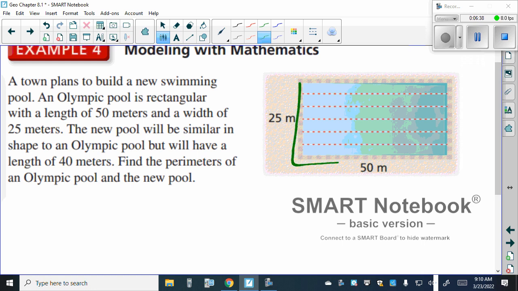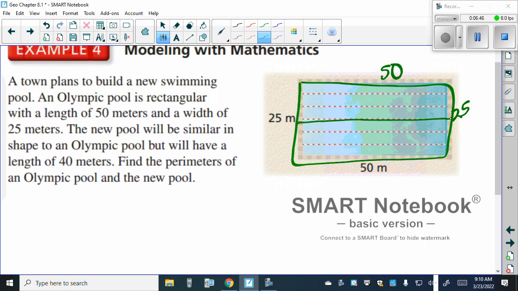Well, perimeter is just adding all of these lengths together. This one here is 25. 25 plus 25 is 50, plus 50 is 100, plus 50 is 150. So the perimeter for this is 150 meters.